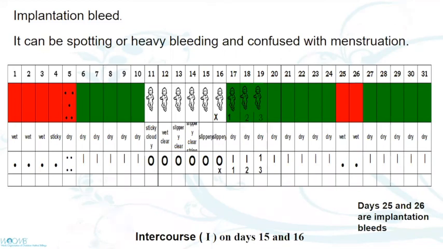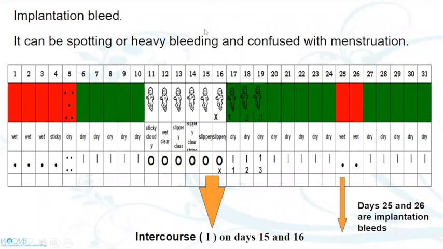And one of them is the one that we are discussing right now, which is the implantation bleeding. And implantation bleeding is an indication that the mother, the wife, the woman is pregnant. Clear?